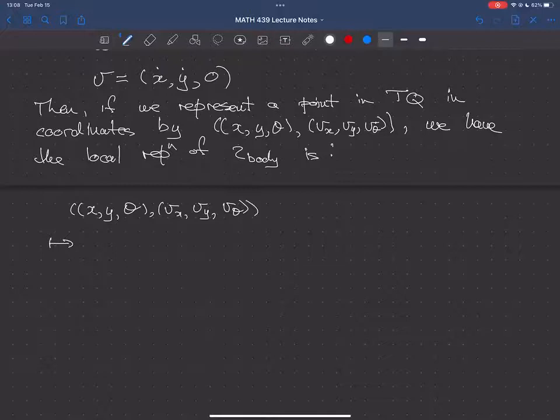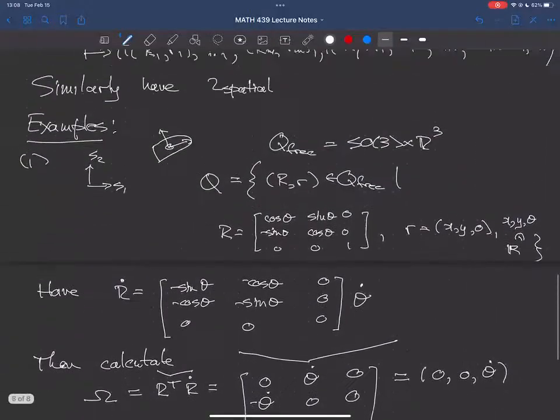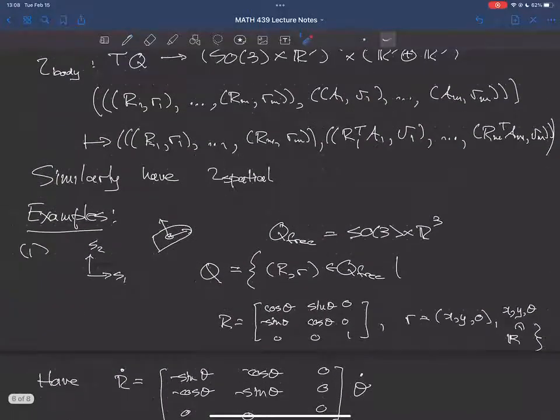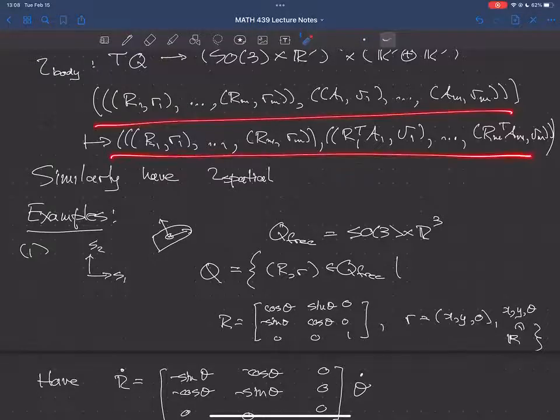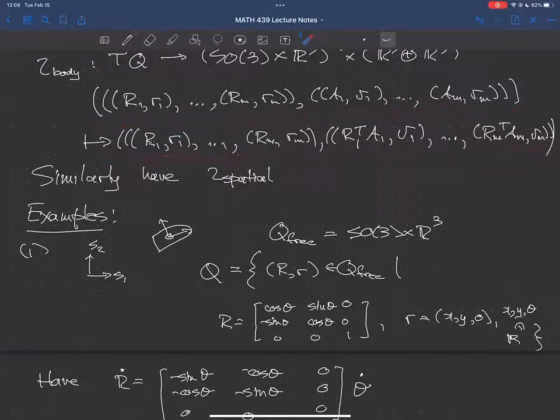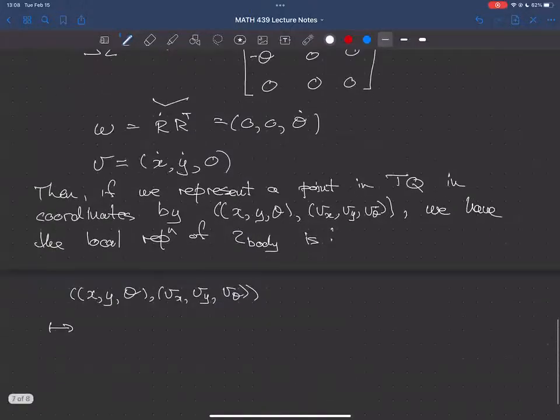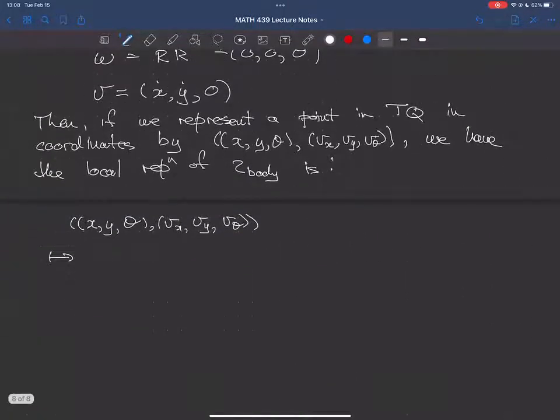All right, and so it's going to give me all of this stuff. Well, thankfully, m is equal to 1, so it's not so bad. Okay, so the first bit is going to be cos theta, minus sine theta.